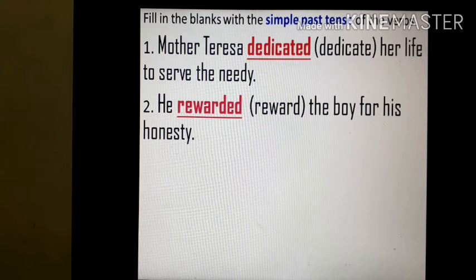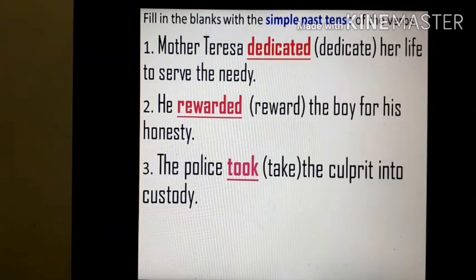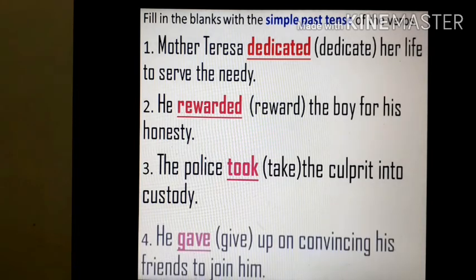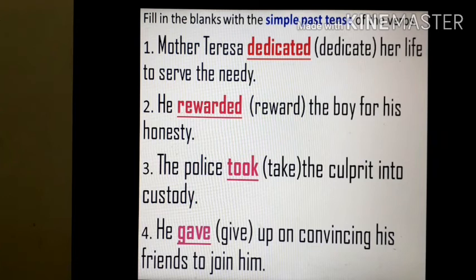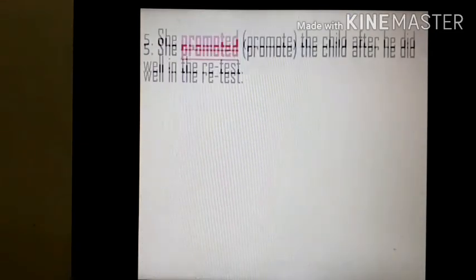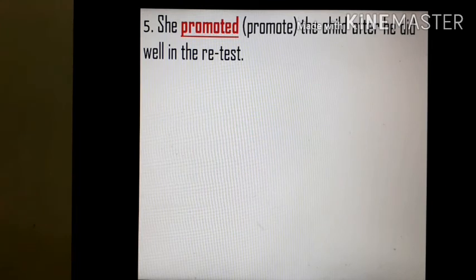Reward, rewarded. The police took the culprit into custody. Take, took. He gave up on convincing his friends to join him. Here, give is changed to gave. Number 5. She promoted the child after he did well in the retest. Promote, promoted.